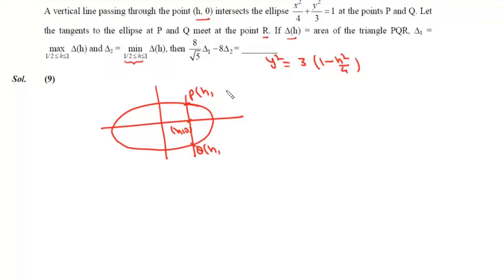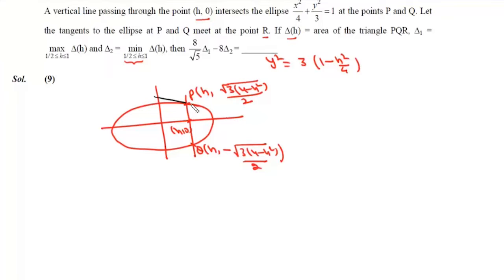So this y coordinate will be root 3 into 4 minus h square by 2, and here will be this minus root 3 into 4 minus h square by 2.